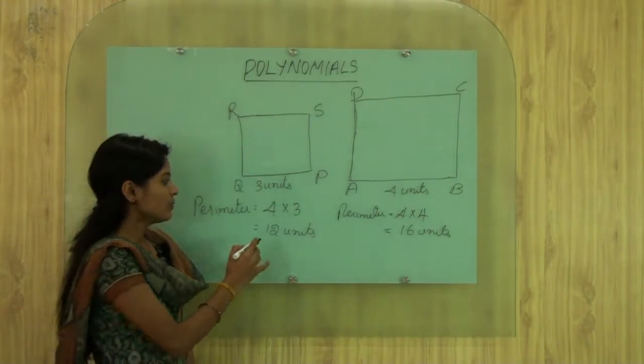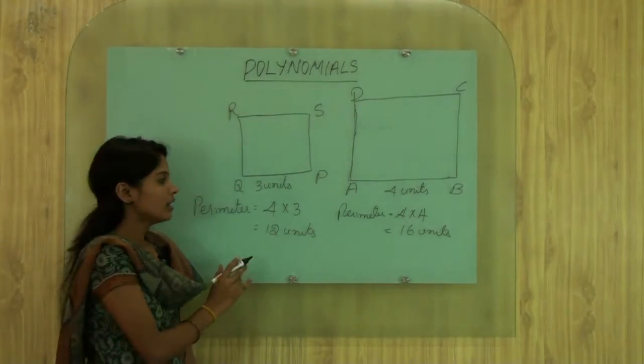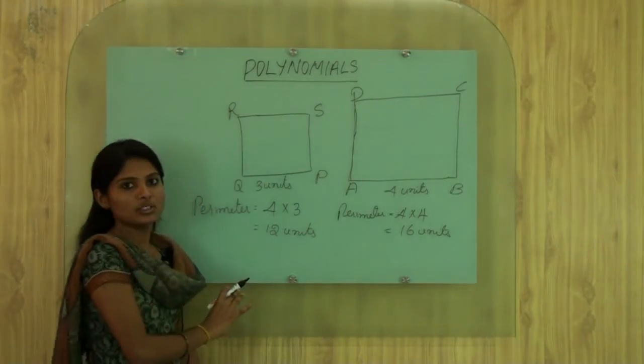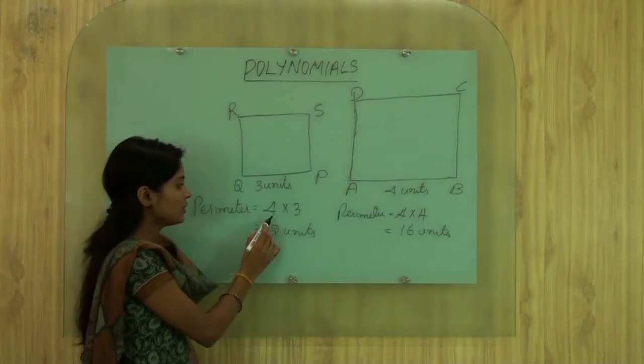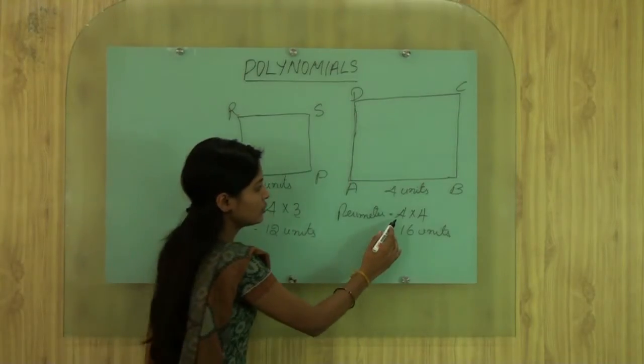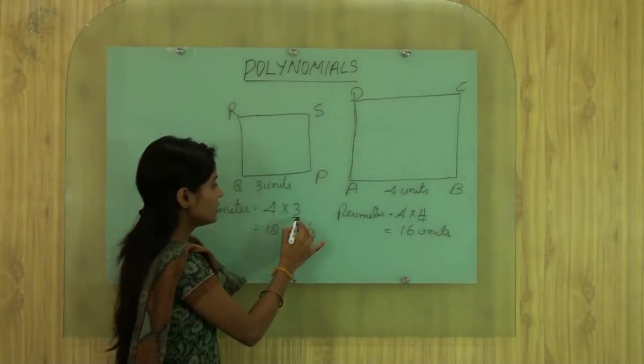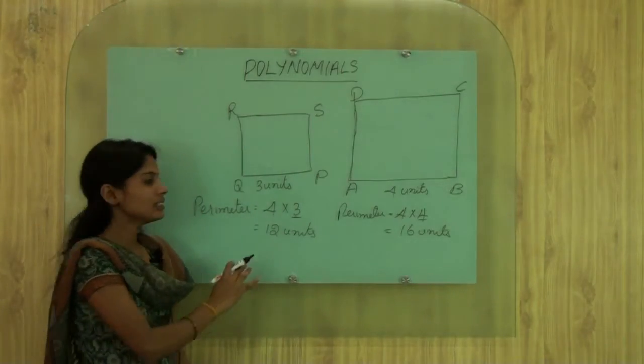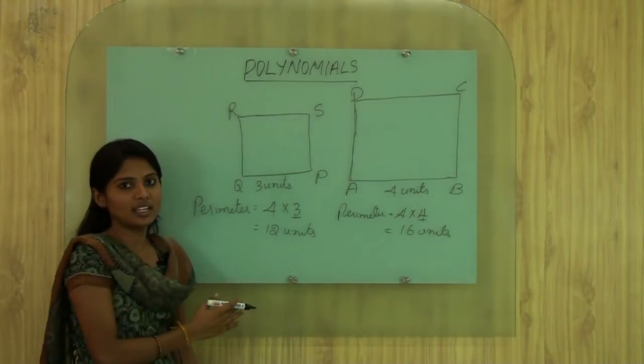Here we can see that 4 is constant in both the calculations. Here 4 and 3, and here 4 and 4. That is, the first term is constant, the second term keeps on varying.